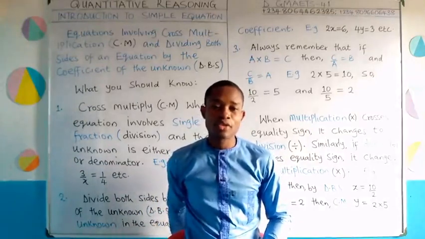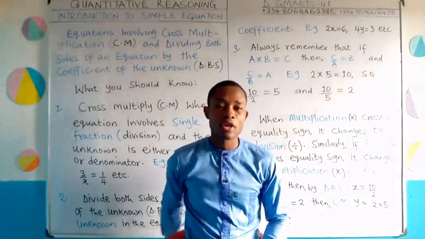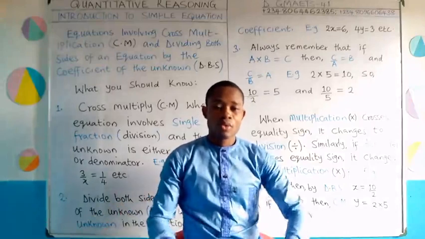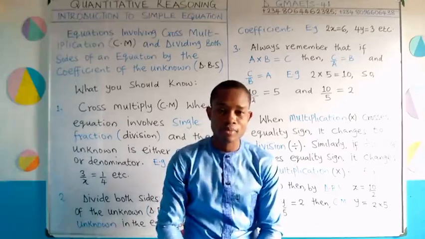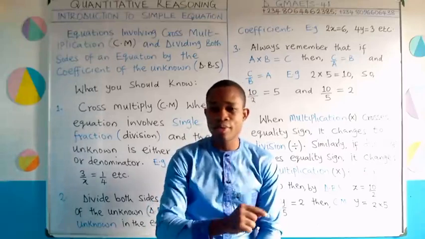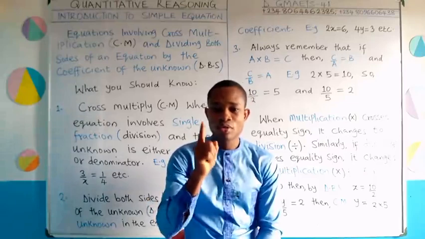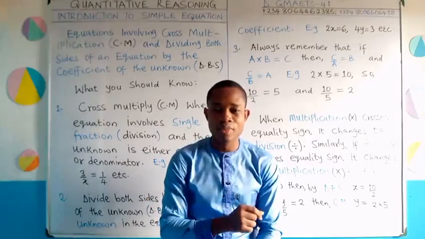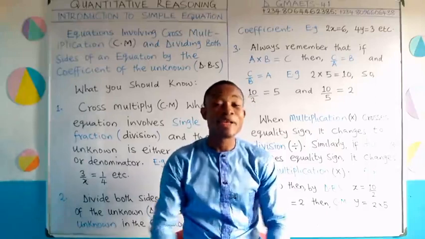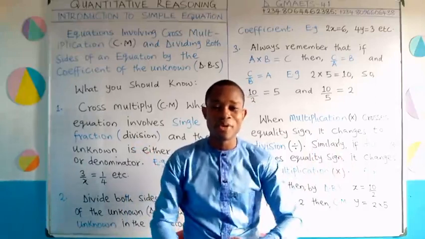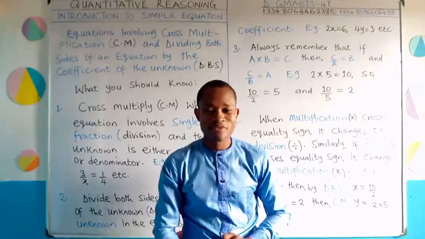I told you that you have to divide both sides by the coefficient of the unknown. We are now going to see how we can apply this in solving quantitative reasoning problems, when that problem leads us to something that requires cross multiplication or dividing both sides by the coefficient of the unknown. Get set for questions now.